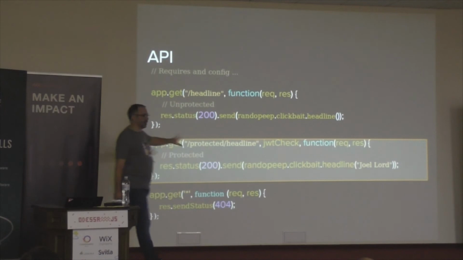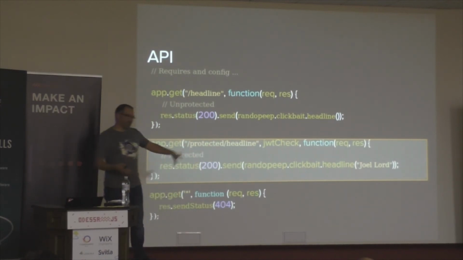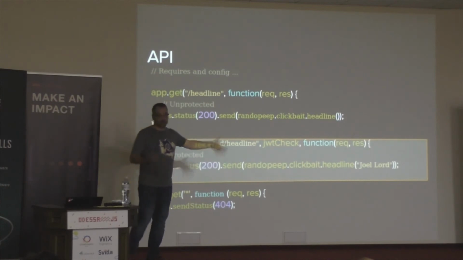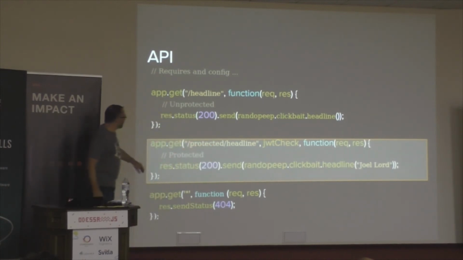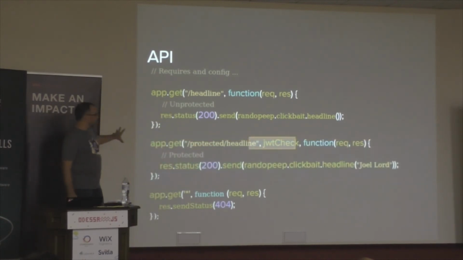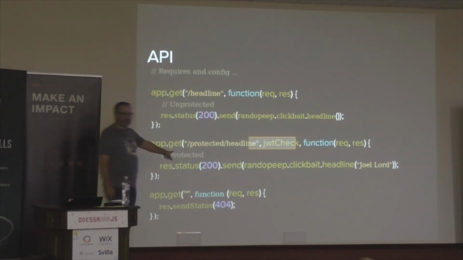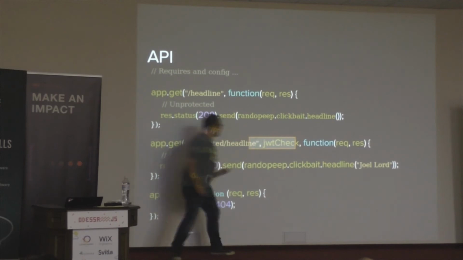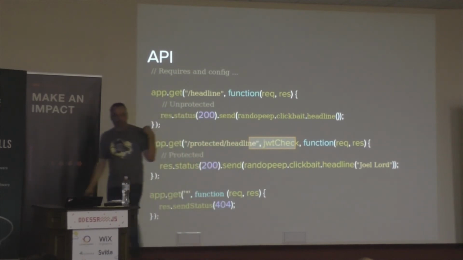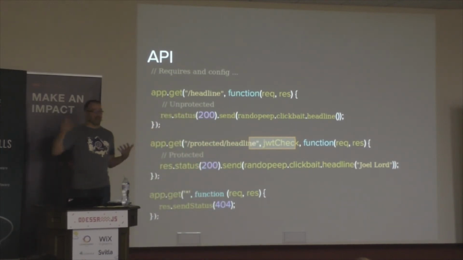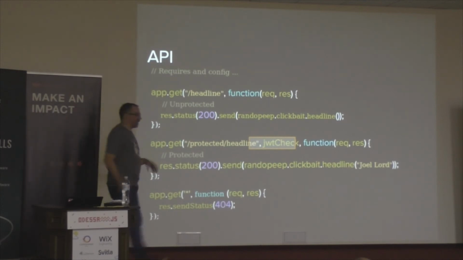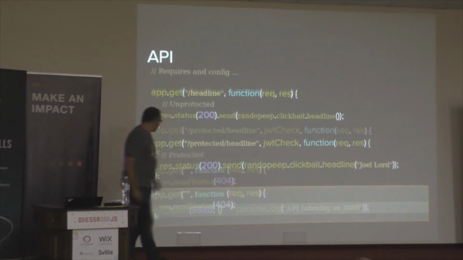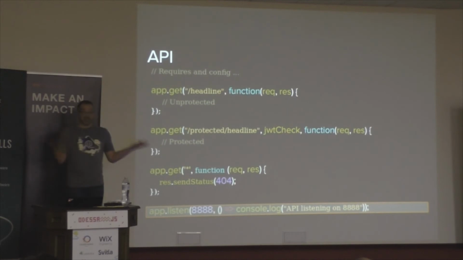And this one is a protected route, so a private route, so it also serves randomly generated clickbait headlines, but featuring yours truly in this case. So both routes are very, very similar here. The only difference is that in the second one, I'm using the middleware to validate if there is a JSON Web Token and if it's a valid one. And that's all you have to do for your API.